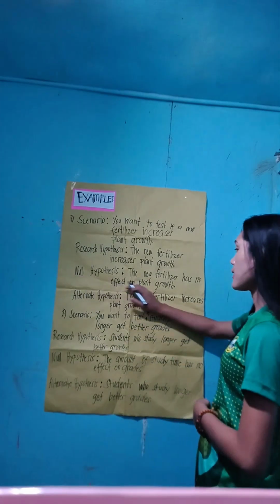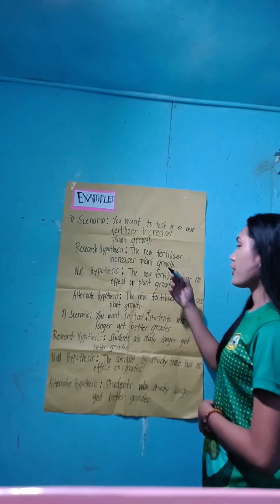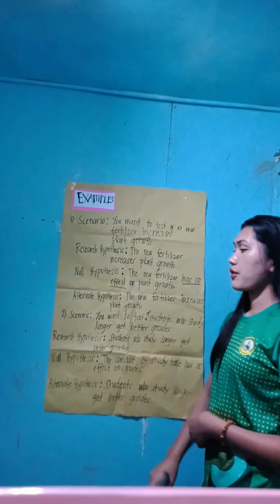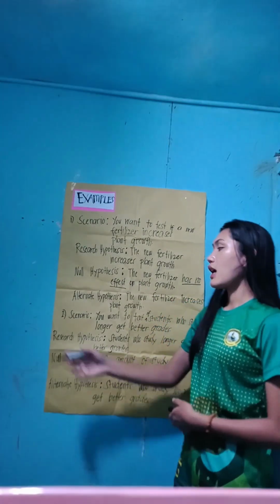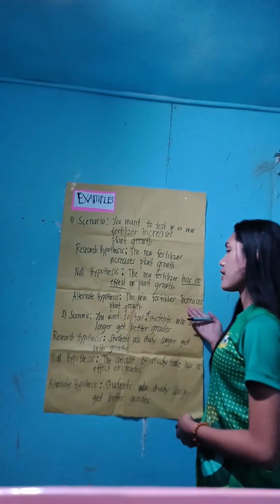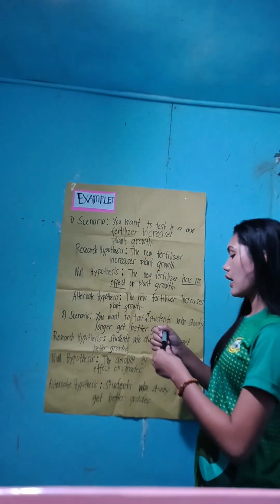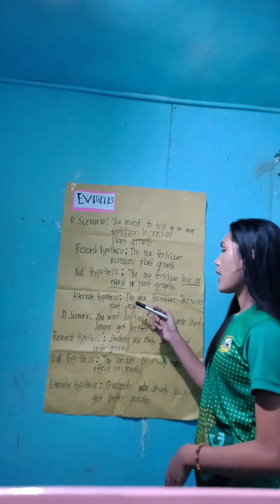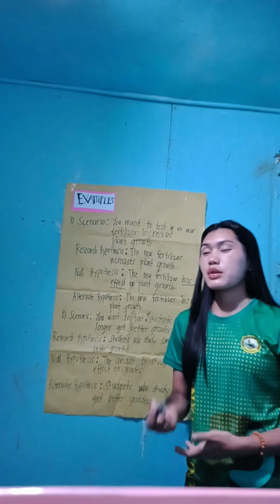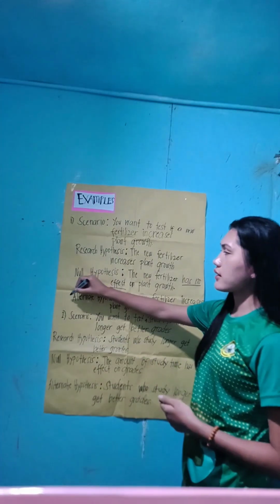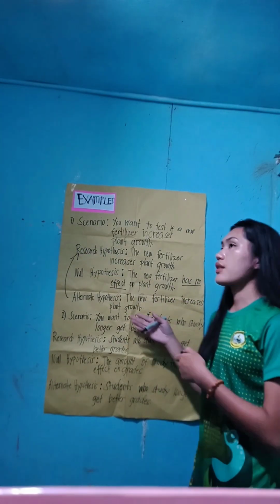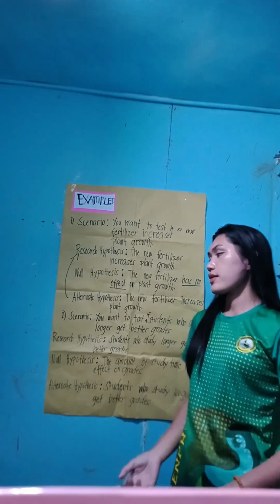When we say null hypothesis, the new fertilizer has no effect on plant growth. And the alternate hypothesis is the new fertilizer increases plant growth. So meaning, in this sentence there is a relationship between the variables, which is connected to the research hypothesis, which is there is a relationship between the variables.